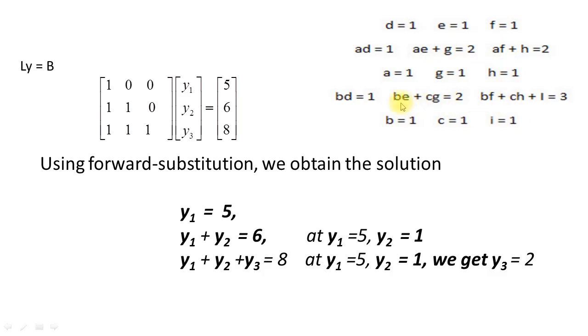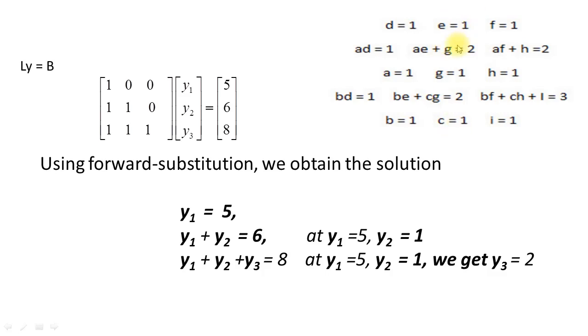Now comparing the third row, we obtain BD is equal to 1, and we have already the value of D is 1, so B is equal to 1, and BE plus CG is equal to 2. So putting the value of B, the value of G, and the value of E, we obtain C is equal to 1.